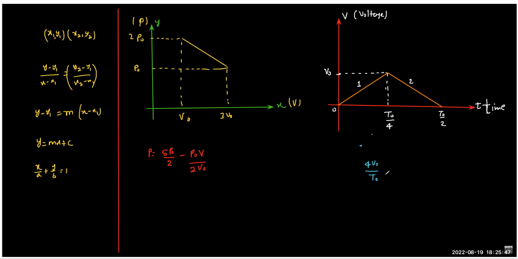This is the slope, right? So what is the equation? How do we write the equation? The y is v and the x is t. So I want the answer in terms of v and t, because v and t are my variables.